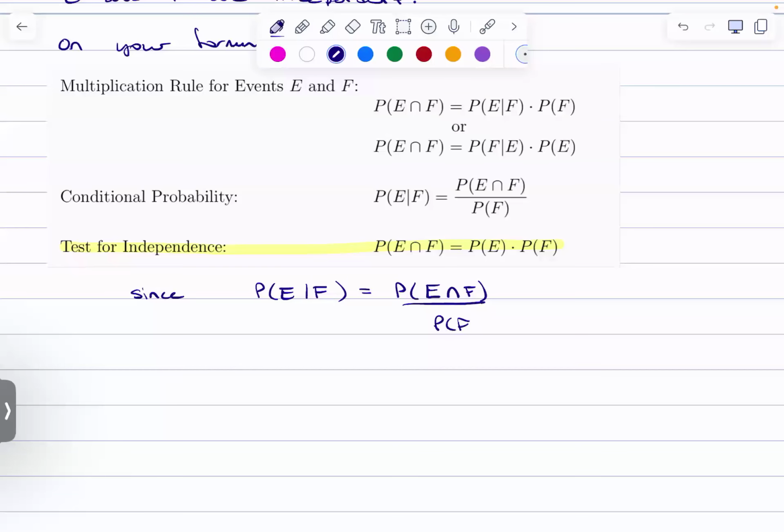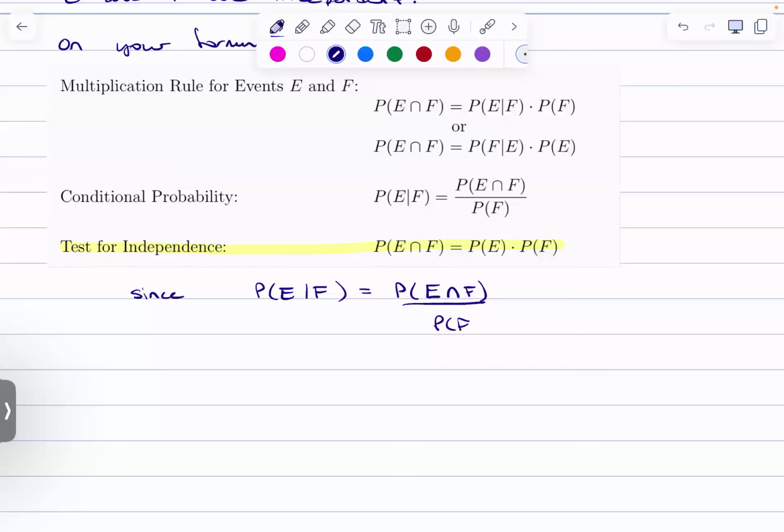And then we solve for the probability of E and F. You have to get the probability of E and F on its own, and you can do that by multiplying by the probability of F. So now you have the probability of E given F times the probability of F, which is what you have up here.